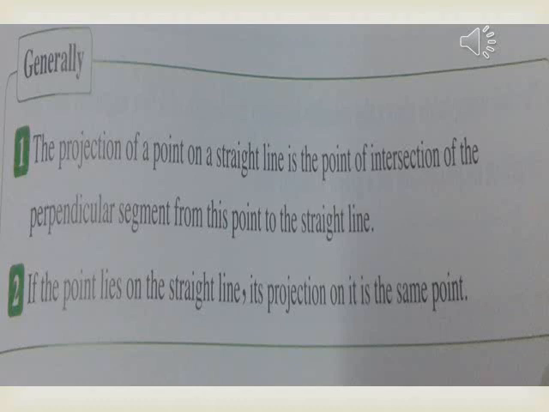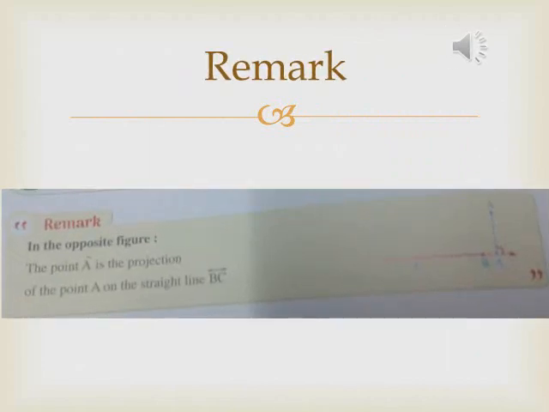If the point lies on the straight line, its projection on it is the same point. In the opposite figure, the point E dash is the projection of the point E on the straight line BC.